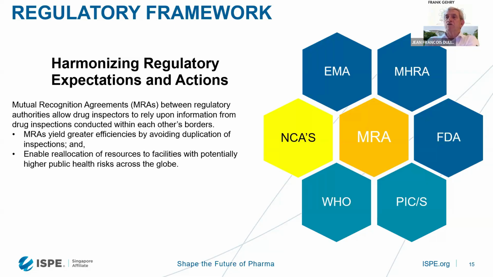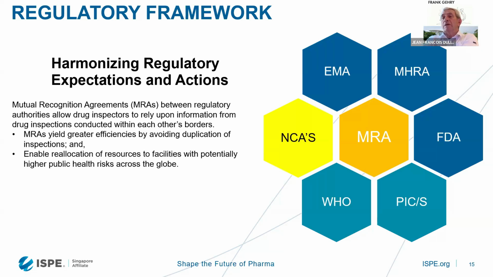For instance, in Europe, we have an MRA between FDA and Europe, and FDA has assessed each of the 28, because UK was part of European Union at that time. Each of these 28 countries has been assessed by FDA, and like that, inspection made in each country is accepted by FDA.